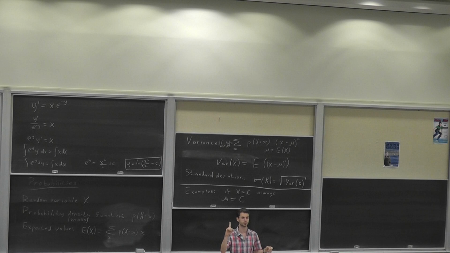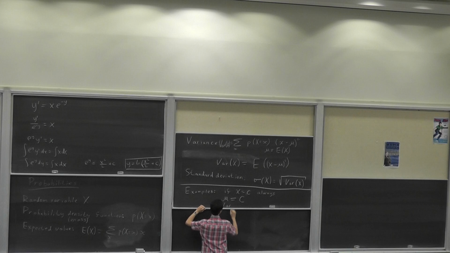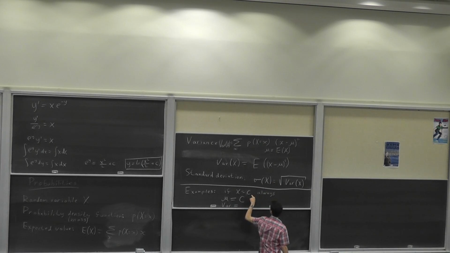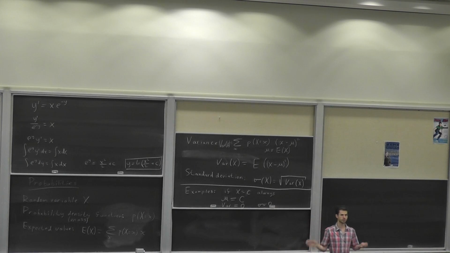You get C with probability 1. There are no other outcomes. Variance: what is it? It's the outcome minus the average, squared, multiplied by the probability, which is 0, because my outcome is always equal to the average. And standard deviation is also 0. So if the variable is not really random, if it is always the same thing, then the variance is 0.